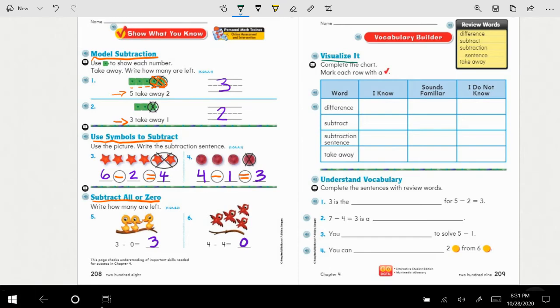And then finally we have takeaway. If you know how the phrase takeaway applies to subtraction, you'll mark I know. If it only sounds familiar and you couldn't explain it to somebody, we'll mark that. This last one is if you don't know how takeaway is applied to subtraction.